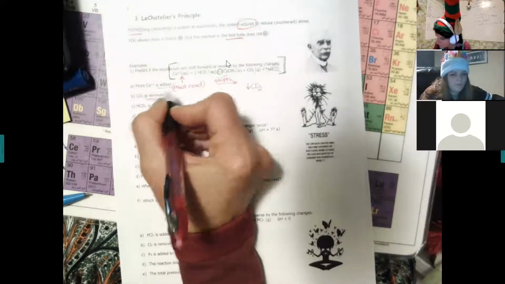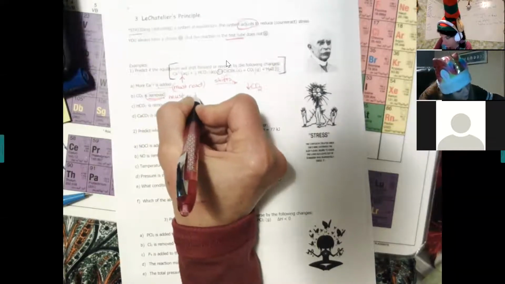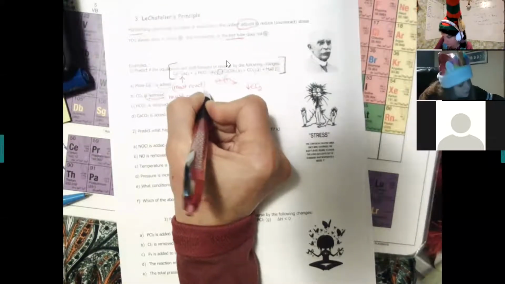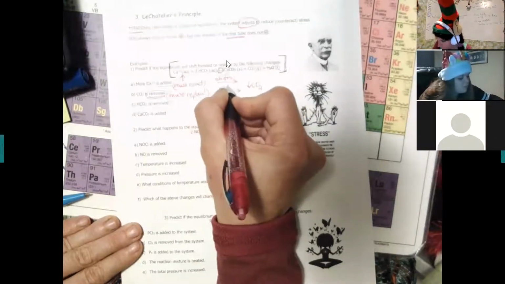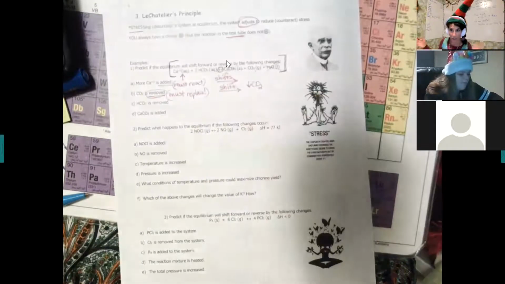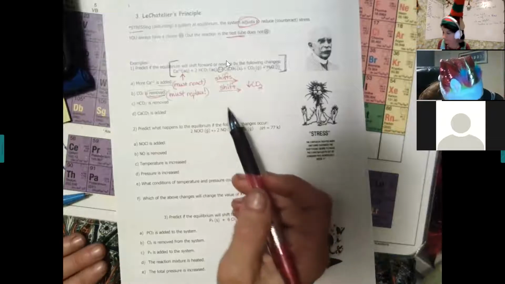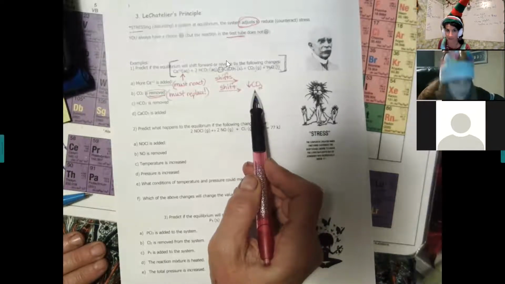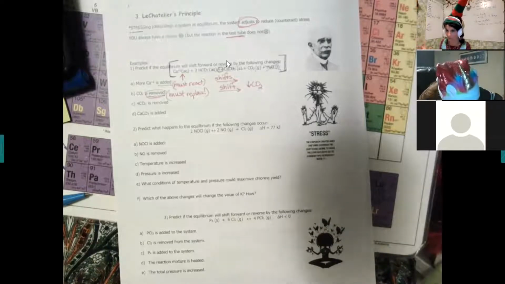So if it's removed, you must replace it. So basically, you took the cork off and all the CO2 escaped. That means, again, it's going to shift forward. So the reaction's going, oh no, we lost the CO2. We have to make more, and it's going to shift to keep trying to make more and more CO2, to keep the balance point where it was.